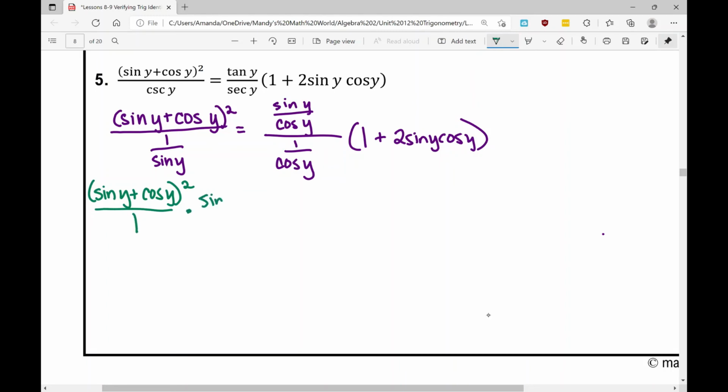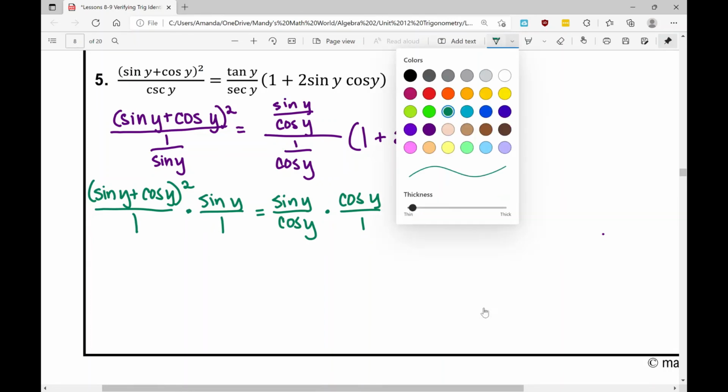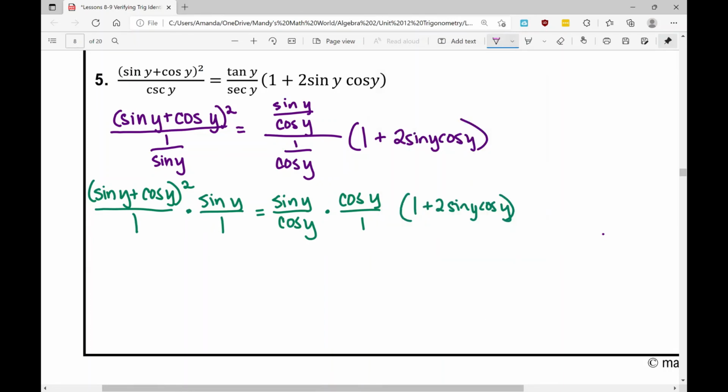So I get sine y over 1 equals, and then let's rewrite this fraction on the right the same way. I'm going to rewrite sine y over cosine y, and it's just keep, change, flip, times, instead of 1 over cosine y, I'm going to write cosine y over 1. And then we can't forget times 1 plus 2 sine y cosine y. Okay, and we're just doing a little bit at a time, right?